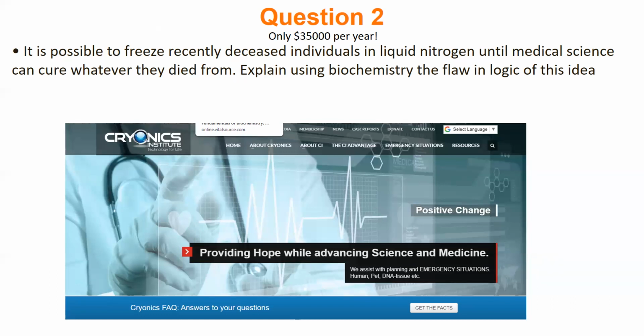So one, let's talk about freezing. When you freeze somebody, the water in their body also freezes. And when water freezes around proteins, it destroys proteins and it destroys membranes. So when you unfreeze them, their proteins are destroyed.